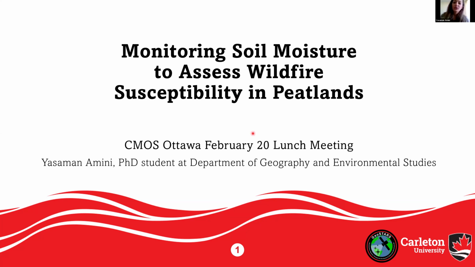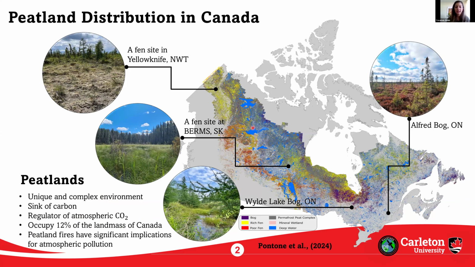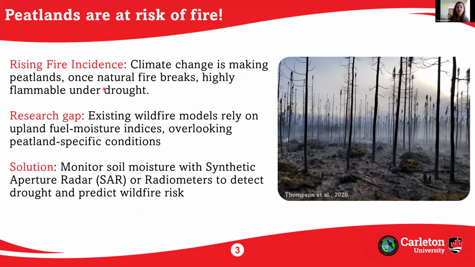Okay. So I think Quinn already covered all the basics, so I won't go over them again. We all know what peatlands are and why they matter. Under normal conditions, peatlands are resilient to fire, but with climate change, they are drying out and becoming more flammable, and that's why we are seeing more fire happening in peatlands during recent years.